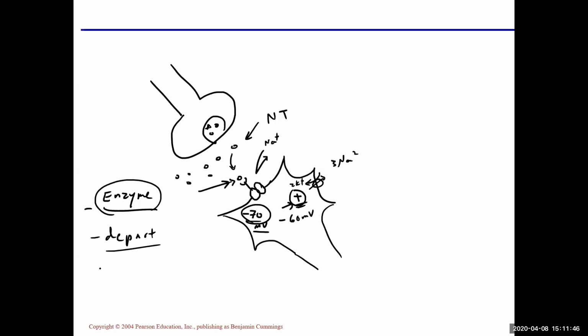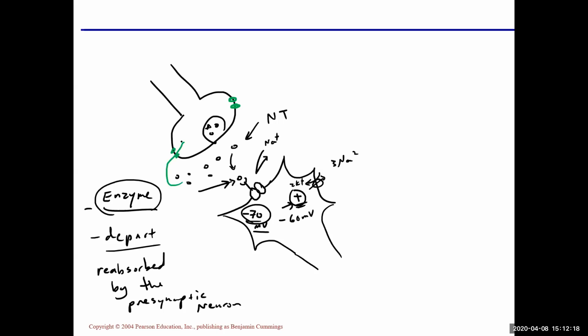Another thing, they can be reabsorbed by the presynaptic neuron. And again, if I recall correctly, we mentioned the reuptake mechanism. Sometimes as the enzyme breaks it down, the product, sometimes the neurotransmitter itself, can get reuptaken back.